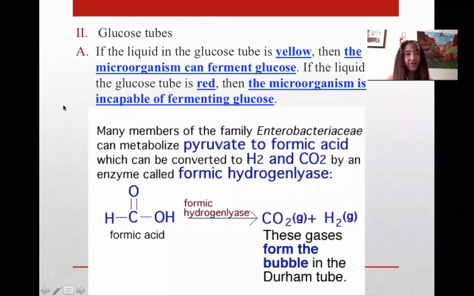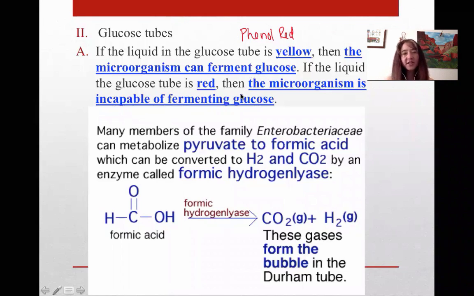It is called phenol red. Phenol red turns from red to yellow when there's acidic fermentation. So if glucose is fermented to acid byproducts, as we see in so many fermentations, the phenol red will turn from red to yellow. So we can recognize the capability of fermenting glucose.